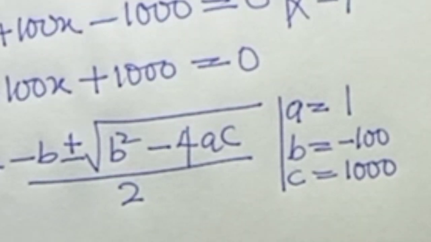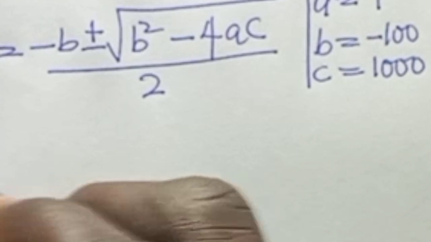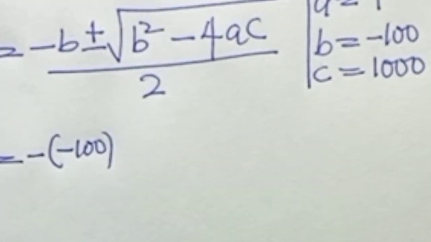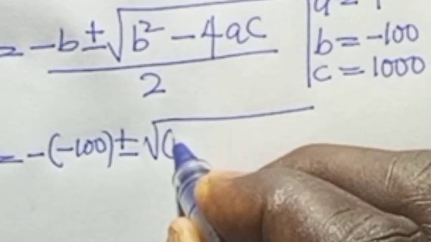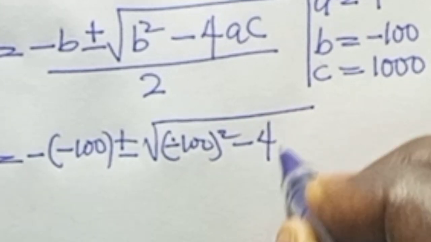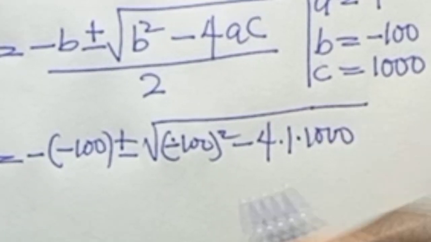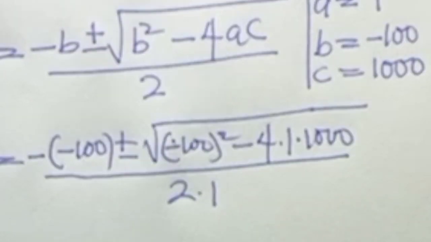So if we put in our values into the formula, we're going to have x equals minus minus 100 plus or minus square root of minus 100 squared minus 4 times 1 times 1000, all over 2 times 1.